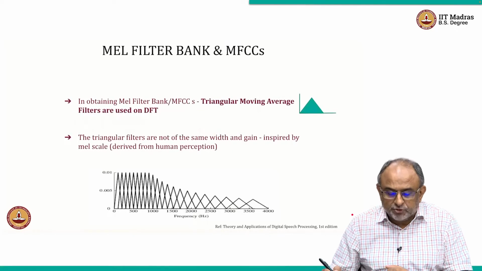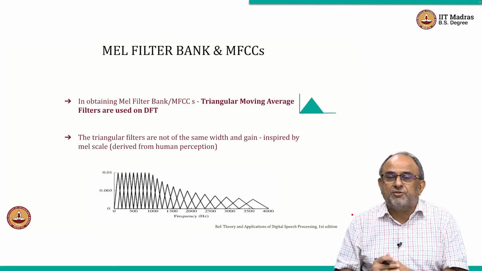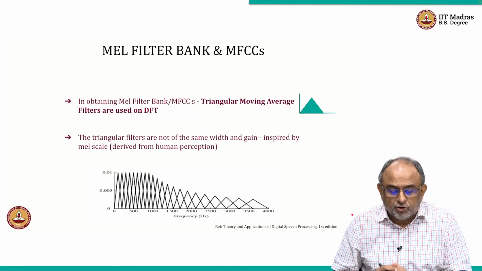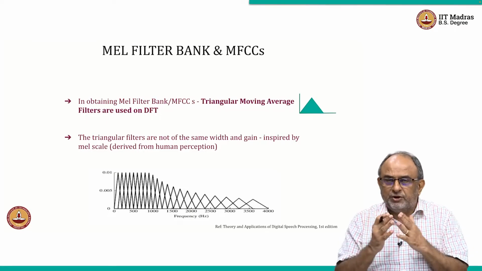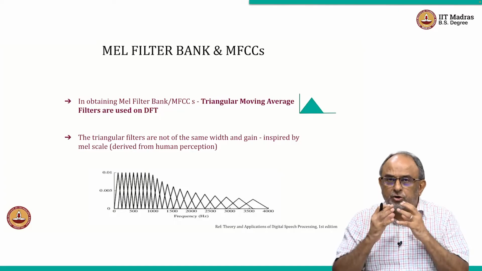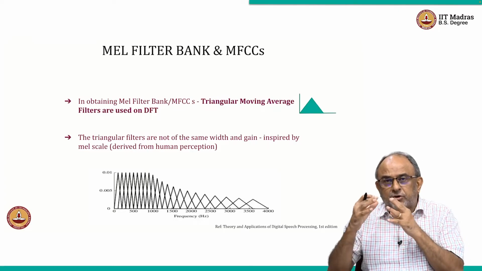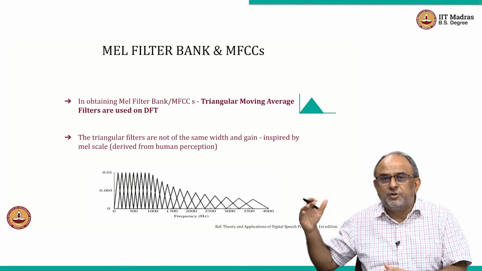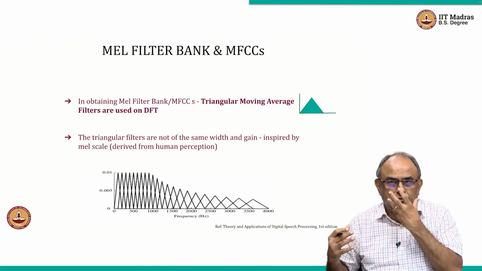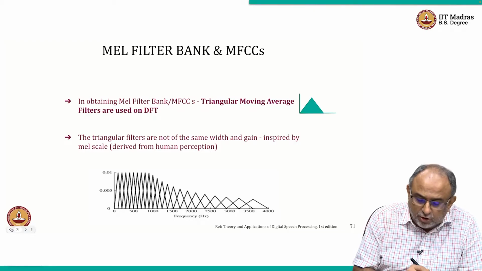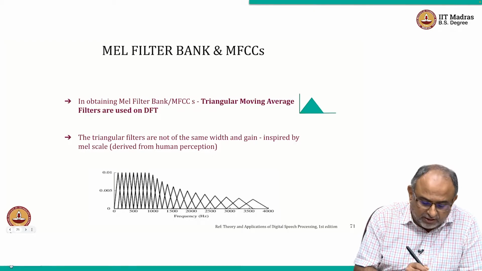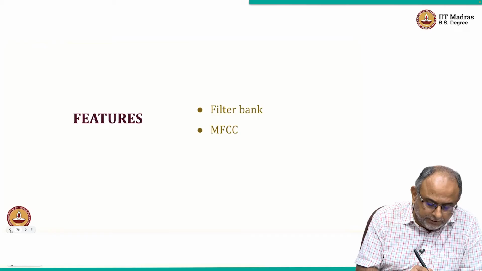So what is this Mel filter bank? As I said, the basic idea is very simple. You are given a speech signal, and you try to get the envelope, the V of omega, the vocal tract part of it. The steps you normally do are these three steps we talked about here.